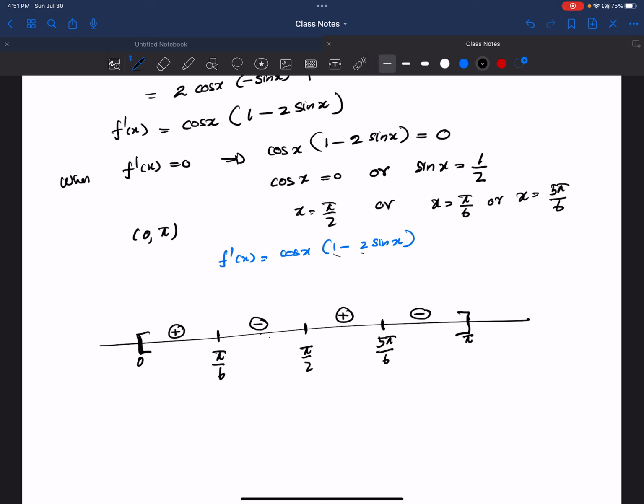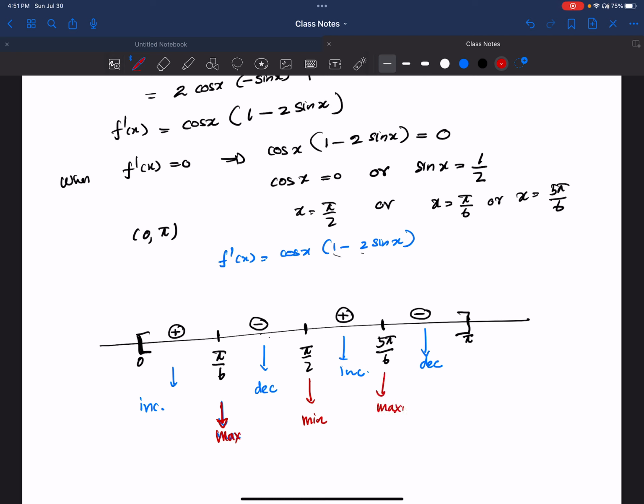So in this region the function is increasing, and this is decreasing, increasing, decreasing, right? So increasing and decreasing, this is a maximum, and decreasing and increasing, this is a minimum, and increasing and decreasing, this is a maximum.